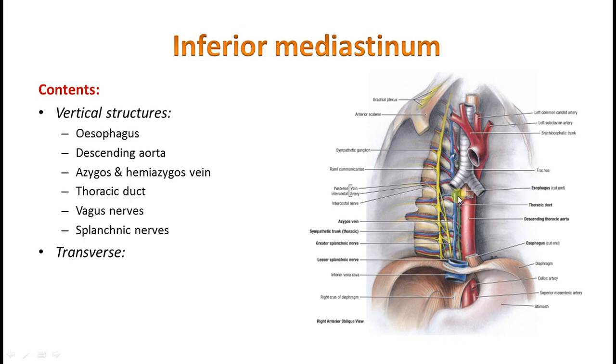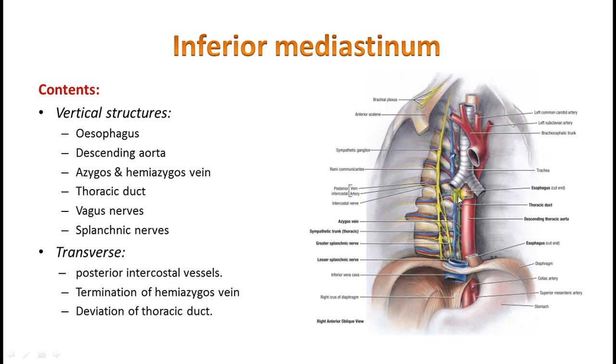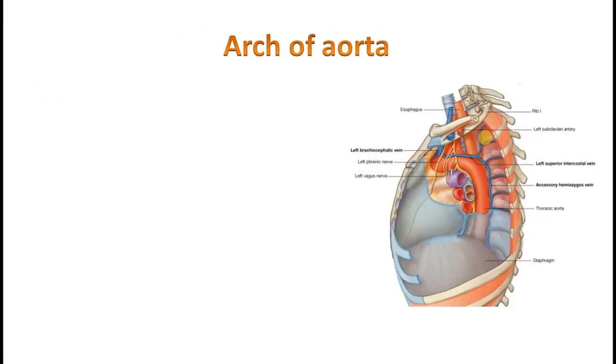So mainly the termination of accessory hemiazygos vein and hemiazygos vein, then posterior intercostal vessels, and then deviation of the thoracic duct from the right side to the left side. So these are the transverse structures of the inferior mediastinum, the transverse and the longitudinal structures of the inferior mediastinum.